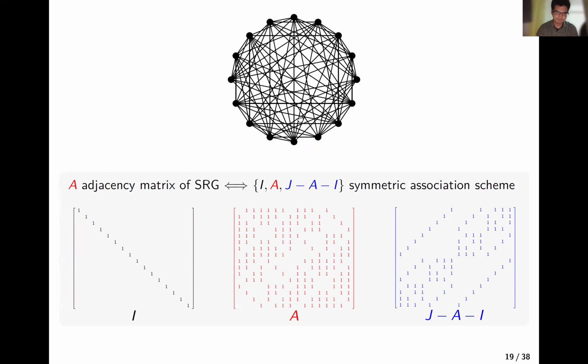So for our example, here's the adjacency matrix, the identity, the complementary matrix, and this forms a two-class association scheme. And conversely, if I have a two-class symmetric association scheme, then this matrix over here will be the adjacency matrix of a strongly regular graph.